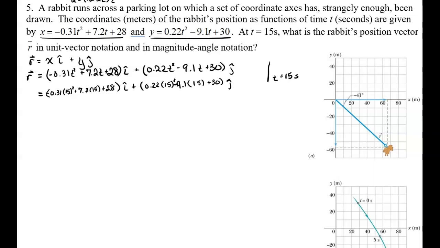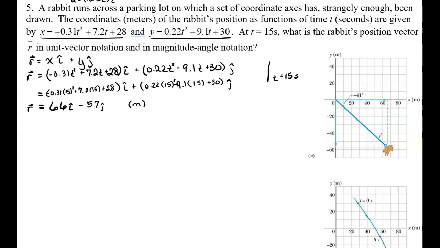So the x is going to be about 66, and my y is going to be about negative 57. So my unit again is going to be meters. That is going to be my position vector. That's in unit vector notation.